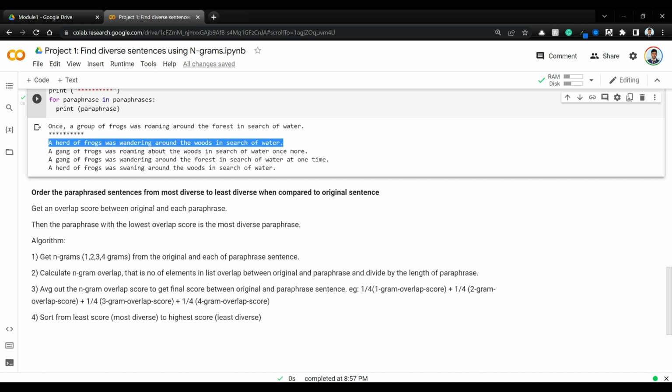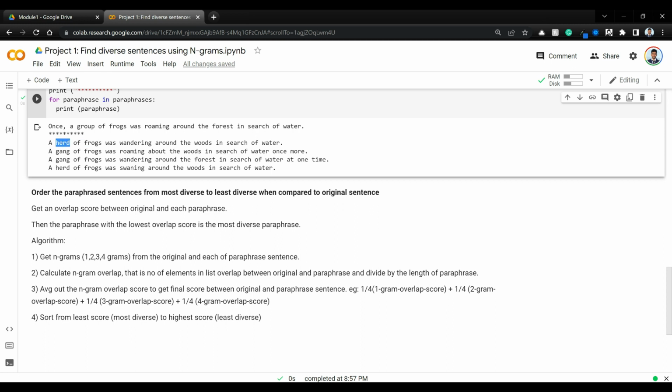But just comparing unigrams is a problem, because I could completely randomize these words, which is not even syntactically or grammatically correct, and still you can have the same unigram overlap score. So apart from unigrams, we also need to take n-grams, for example bigrams or trigrams or 4 grams.